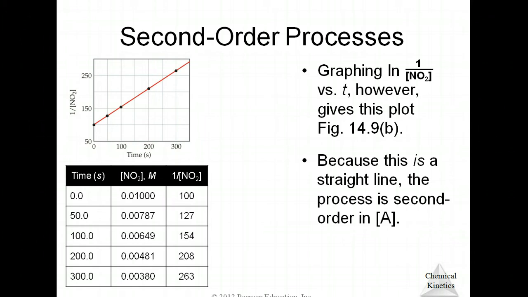Well, it tells us that if I double the concentration of a reactant, my rate will go up by 4-fold, because of that factor of 2 that is being applied to that particular reactant.